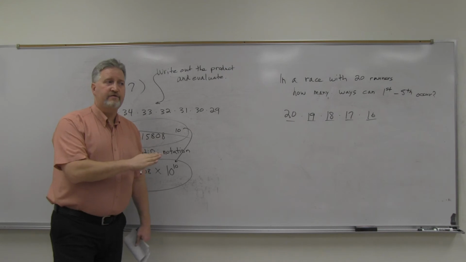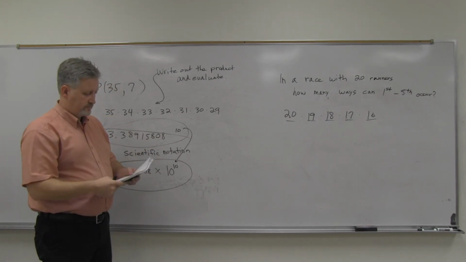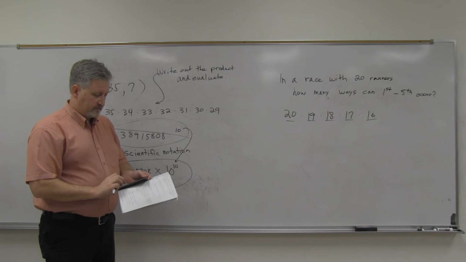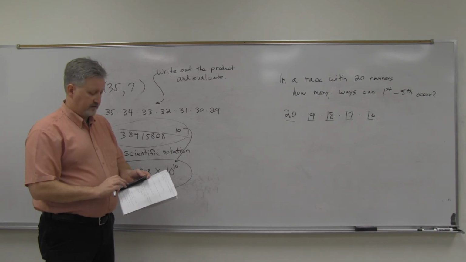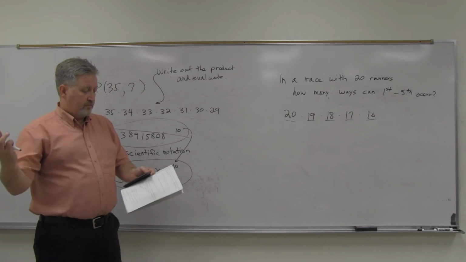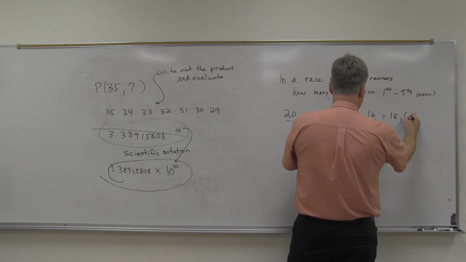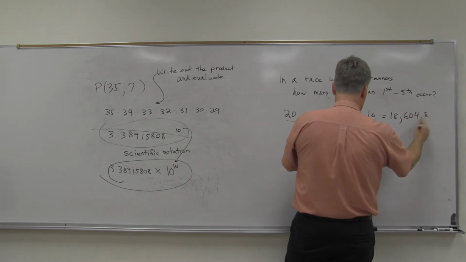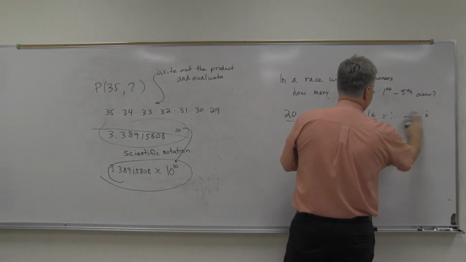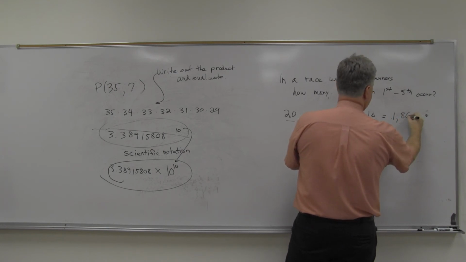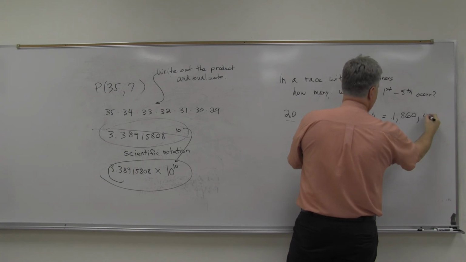So this is one way to do that. 20 times 19 times 18 times 17 times 16. No problem. I can get that answer. 1,860,480.